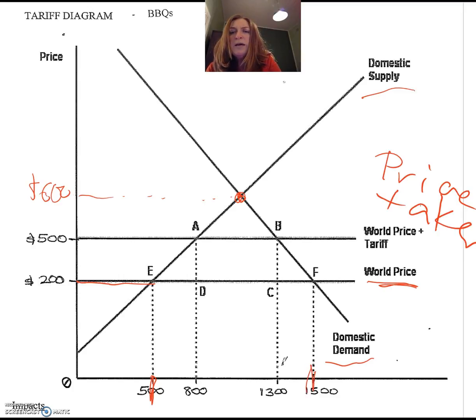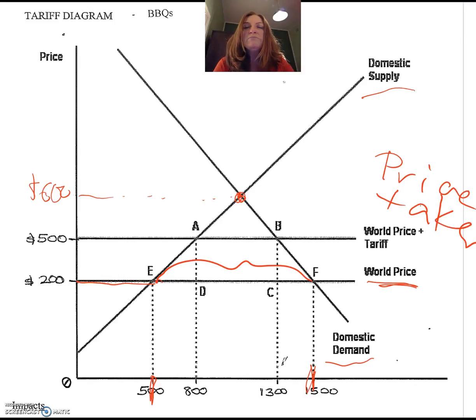So domestic demand is going to be 1,500 barbecues. Of course, demand greater than supply. How do you make up the shortfall? From E to F, or from 500 to 1500, 1000 barbecues are imported. That's if we have perfectly free trade.